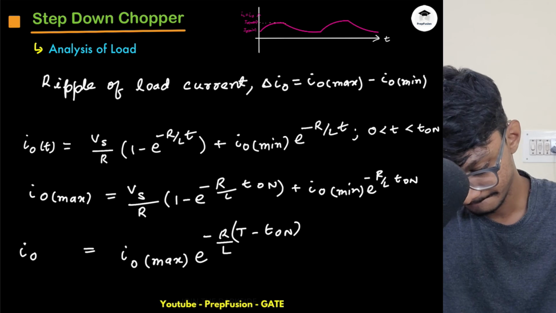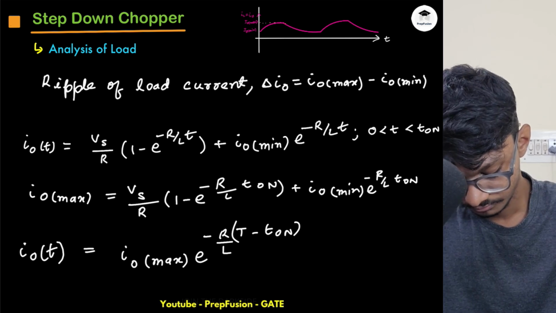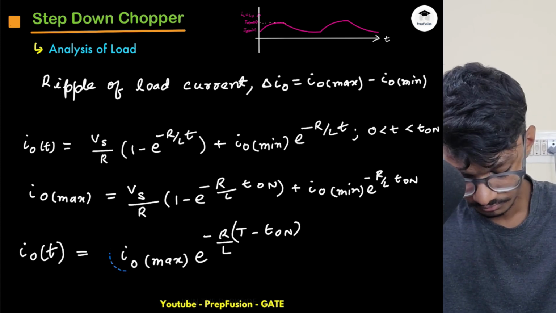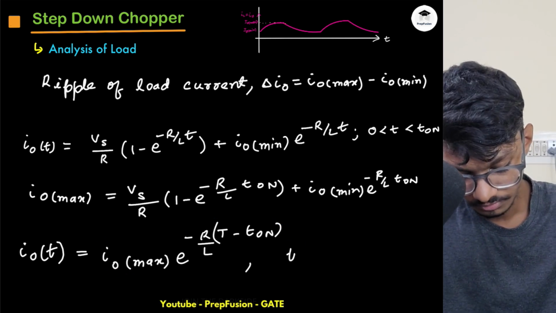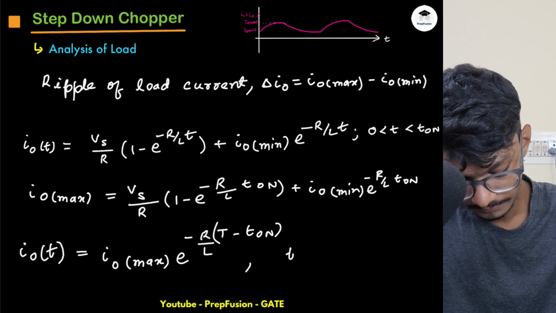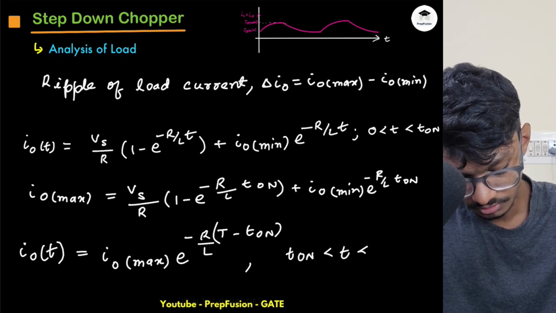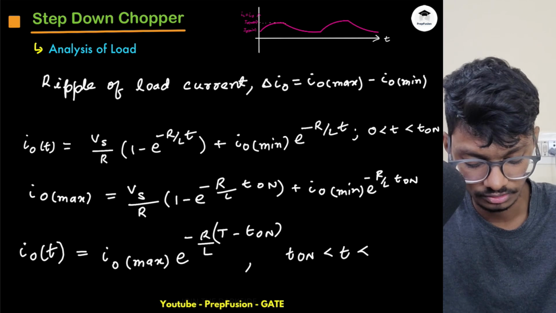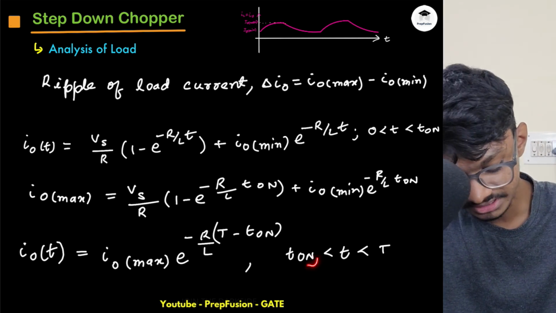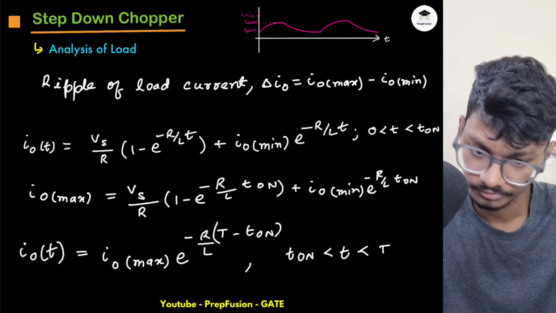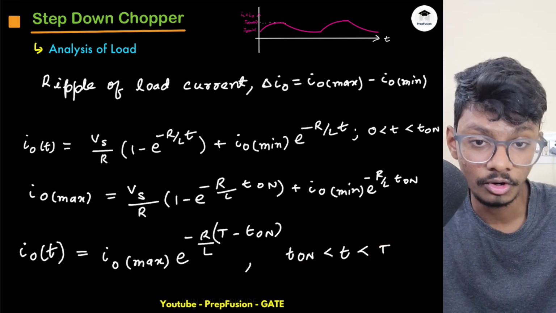IO of t from t on to capital T. Okay, so what will be this? This will be from t on to capital T. And what will be my IO minimum?